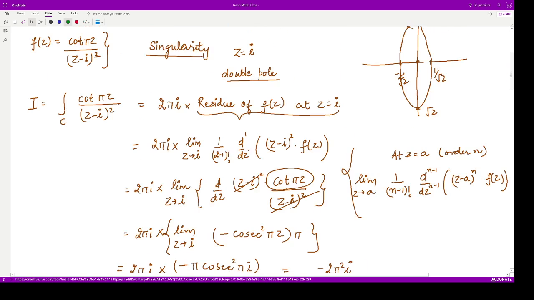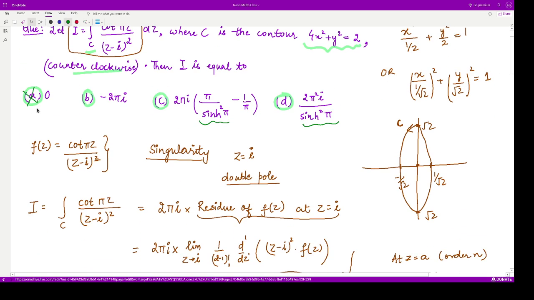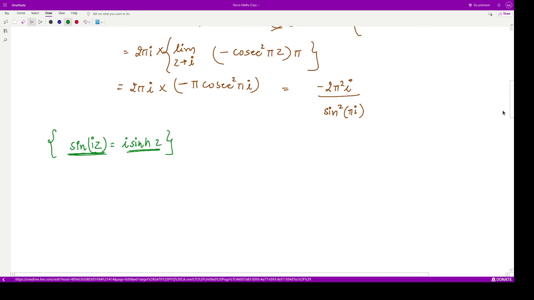Why? Because if you see your options, there is no term containing sin(iπ), and we only have the hyperbolic term. So just simply put this value over here.